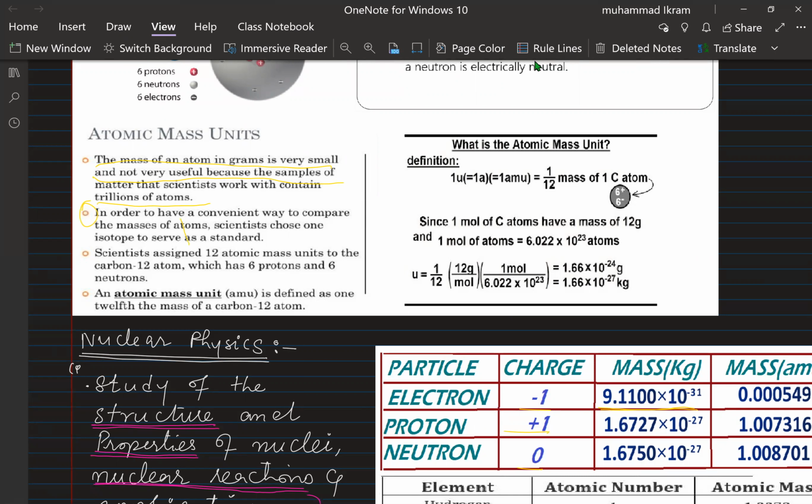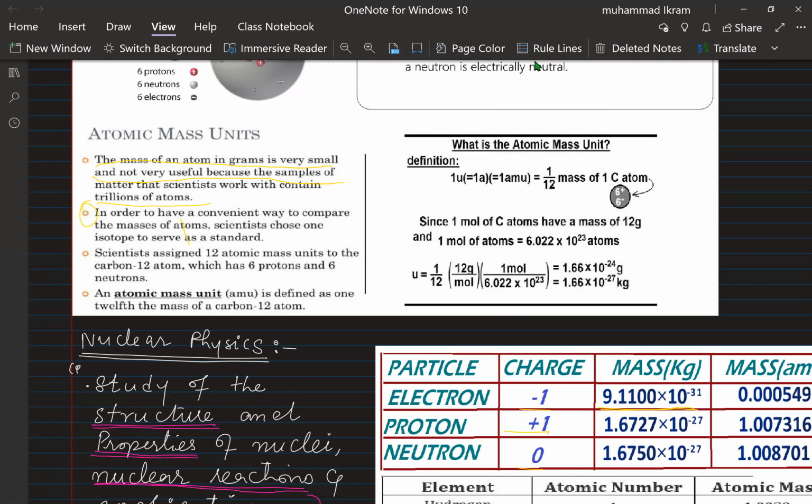Like for example, to measure length you choose the meter as the standard. So here you also choose an isotope of a particular atom, that is carbon, as the standard. So scientists assigned 12 atomic mass units to the carbon atom, which has 6 protons and 6 neutrons.